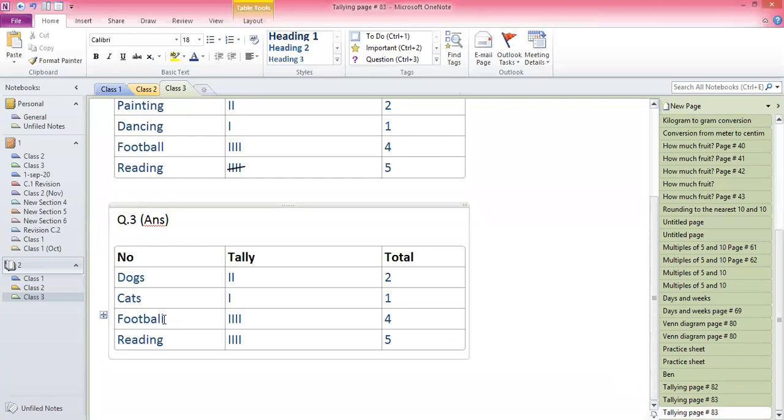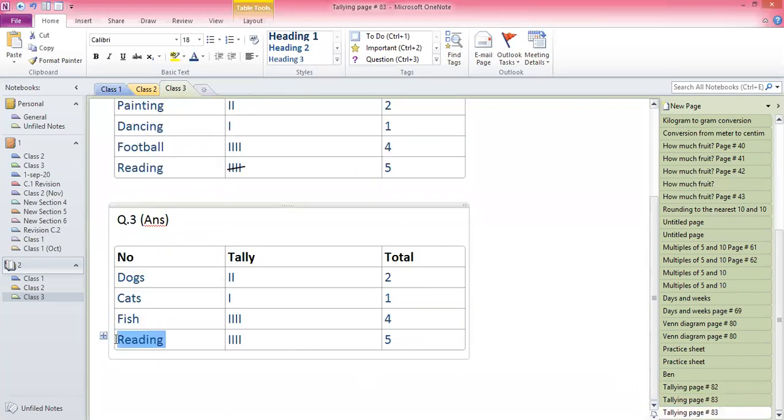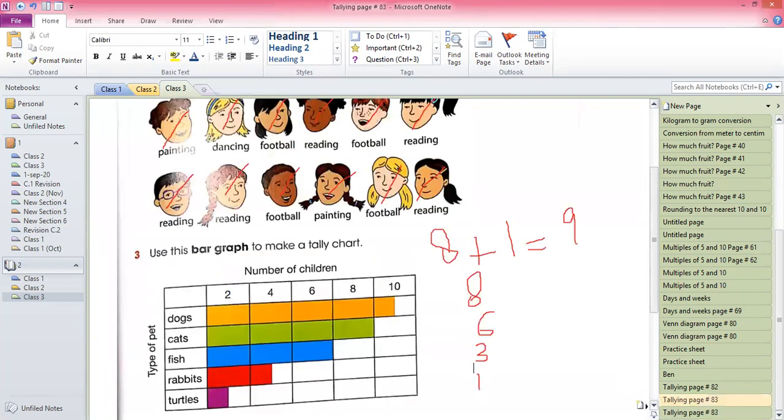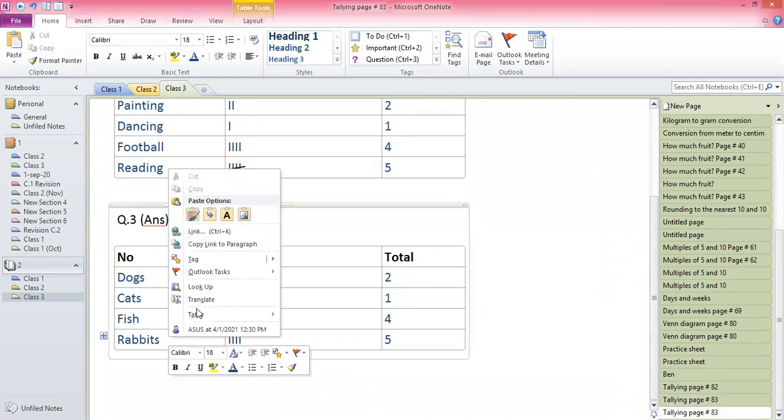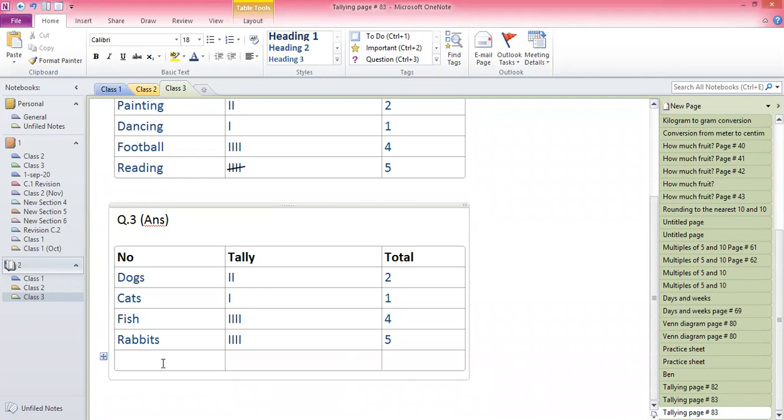Fish, rabbits, and turtles. These are types of pets.